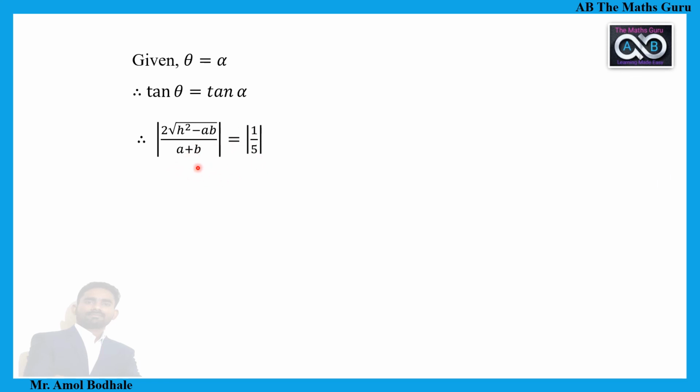If we take the square on both sides, we get 4 (h square minus ab) upon (a plus b) bracket square equal to 1 upon 25. If we cross multiply, we get 100 into (h square minus ab) equal to (a plus b) bracket square, which is the required expression. So in this way we can prove the required expression.